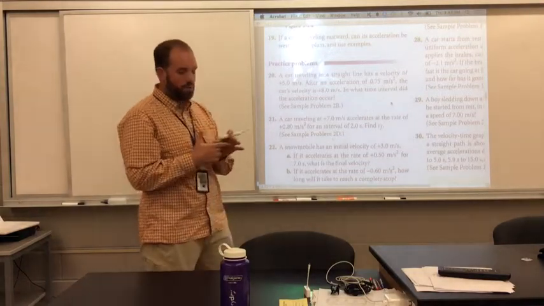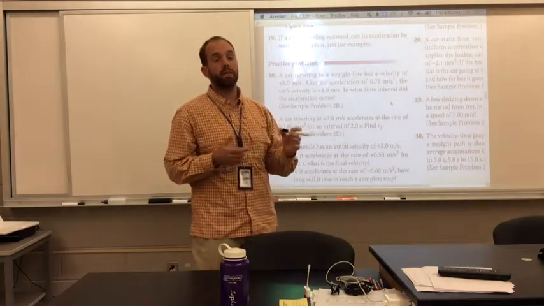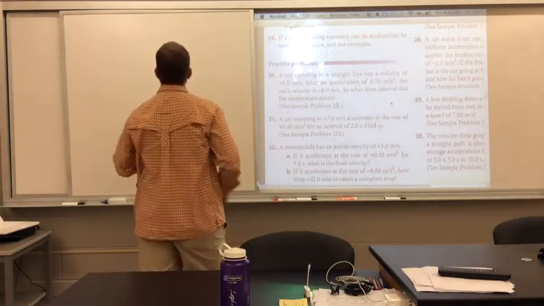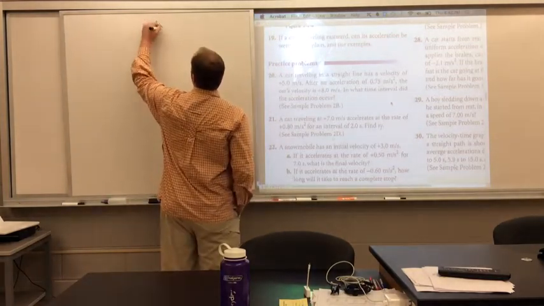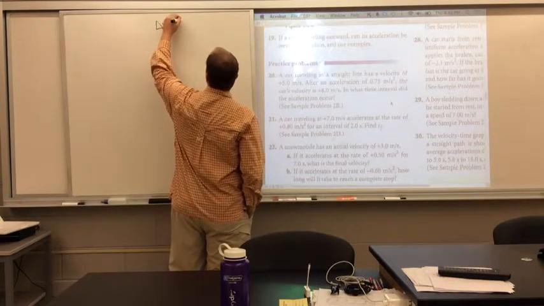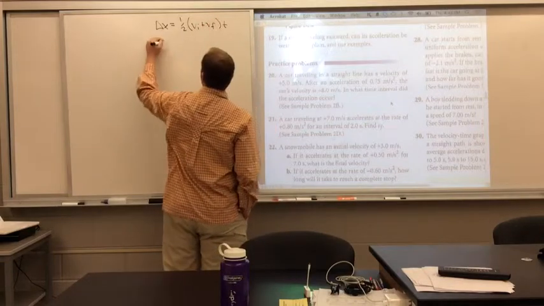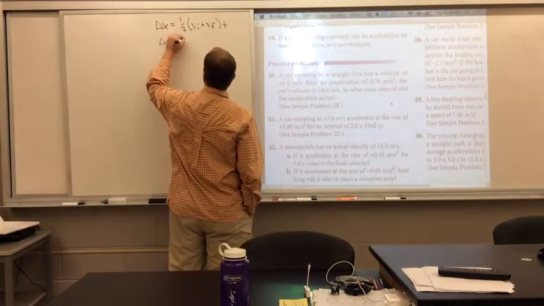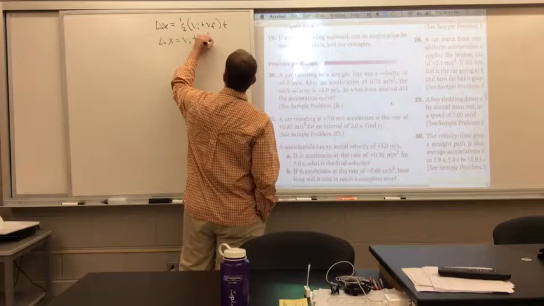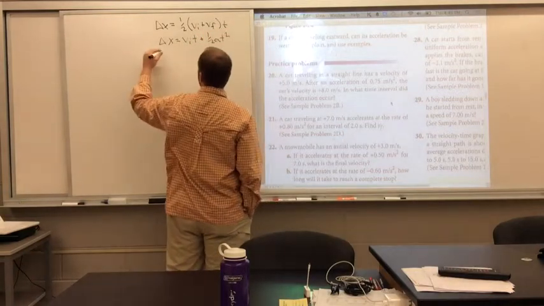So when you have uniform acceleration, you can use the kinematic equations. There are 4 of them. You've got one-half initial plus final times time. You've got initial times time plus one-half acceleration times time squared.